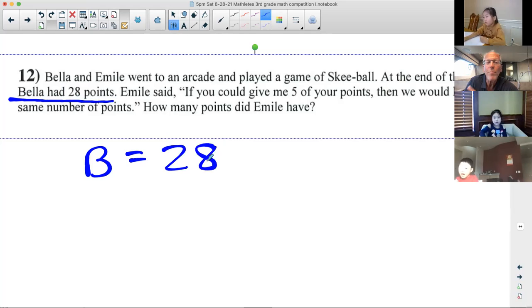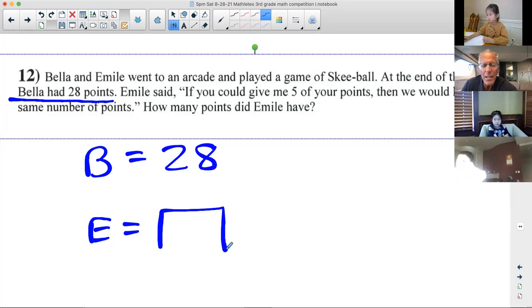Now, remember, if Bella gives 5 points to Emil, they will be equal. But right now, the question is, how many points does Emil have if he needs 5 of Bella's to be equal? So that is the question.